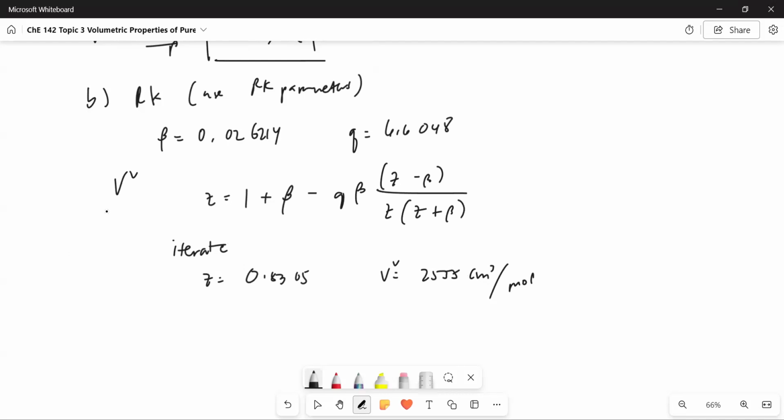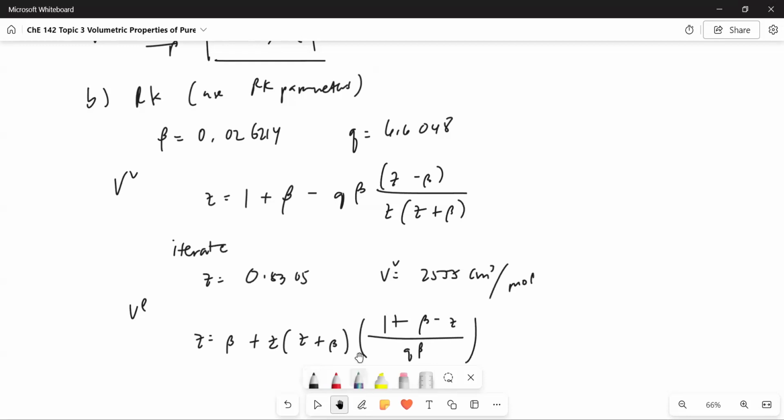And then for the liquid-like root, the equation will be something like this: beta plus z times (z plus beta) times (1 plus beta minus z) over q beta. Okay? So iterate again.